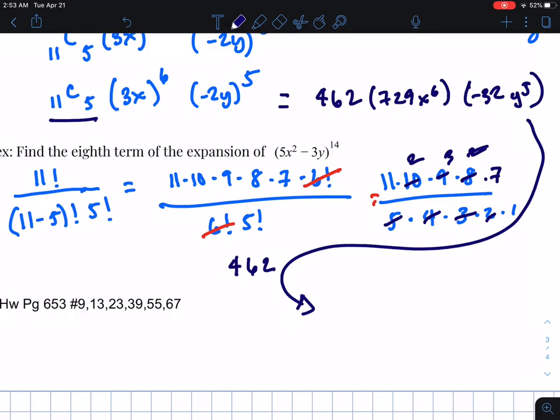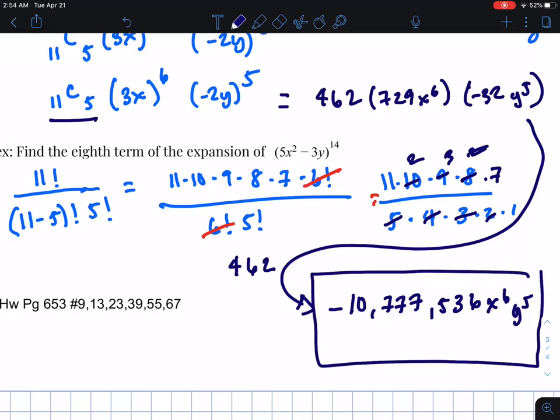And when we multiply that all across, we are going to get negative 10,777,536 x to the 6 y to the 5th. So that is the 6th term.